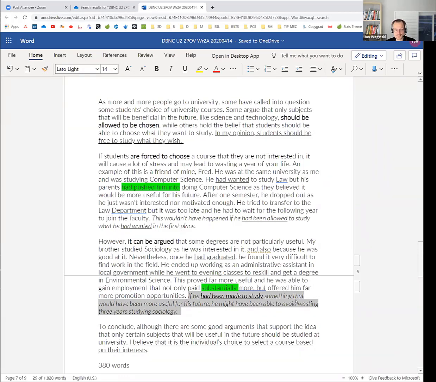If he'd been made to study something that would have been more useful, he might have been able to avoid wasting 3 years studying sociology. Right? But despite this fact, the author is still arguing that people should be allowed to study based on their own interests.